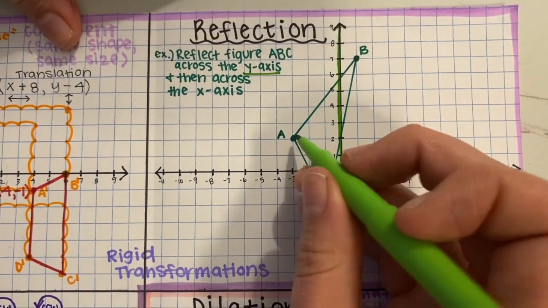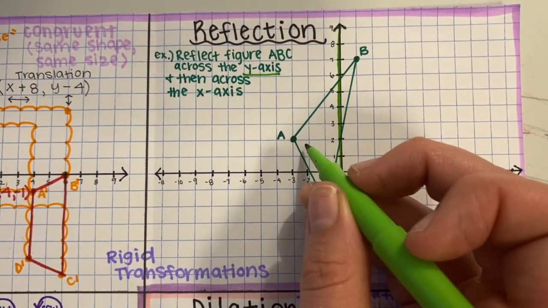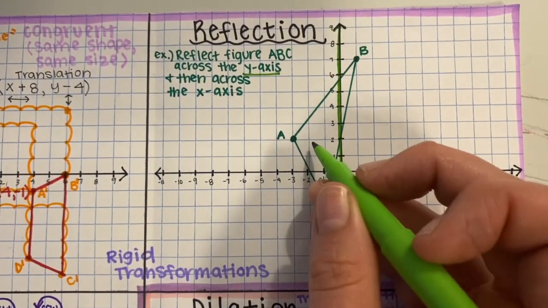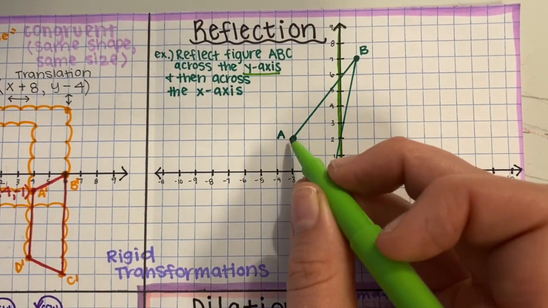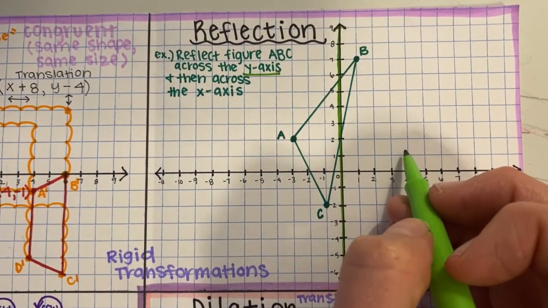So just like with our translation, we're doing one coordinate at a time. We're looking at our y-axis. That's what we're reflecting across.